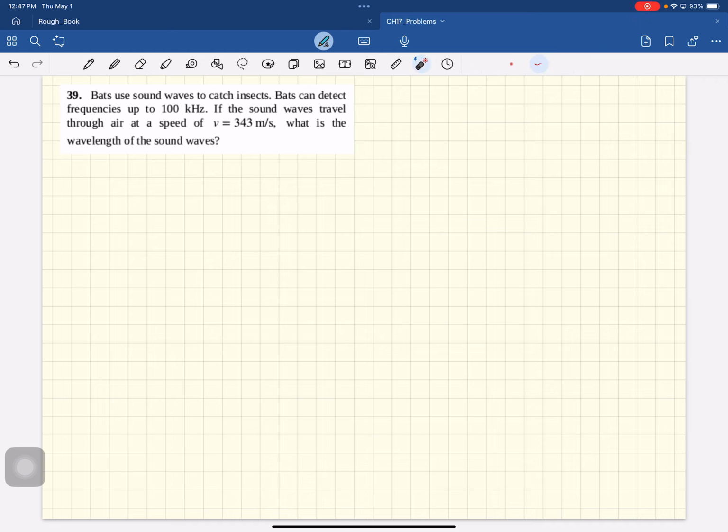Bats use sound waves to catch insects. Bats can detect frequencies up to 100 kilohertz. If the sound waves travel through air at a speed of 343 meters per second, what is the wavelength of the sound? It's frequency times wavelength. The problem itself is easy. So 343 meters per second. Frequency is 100 kilohertz.